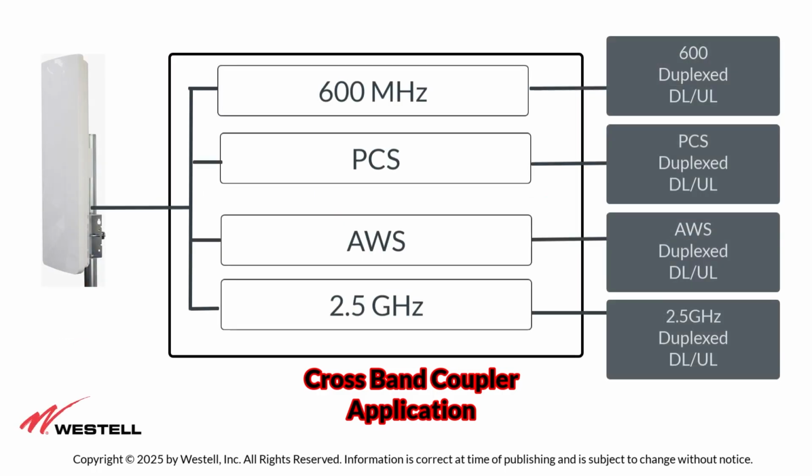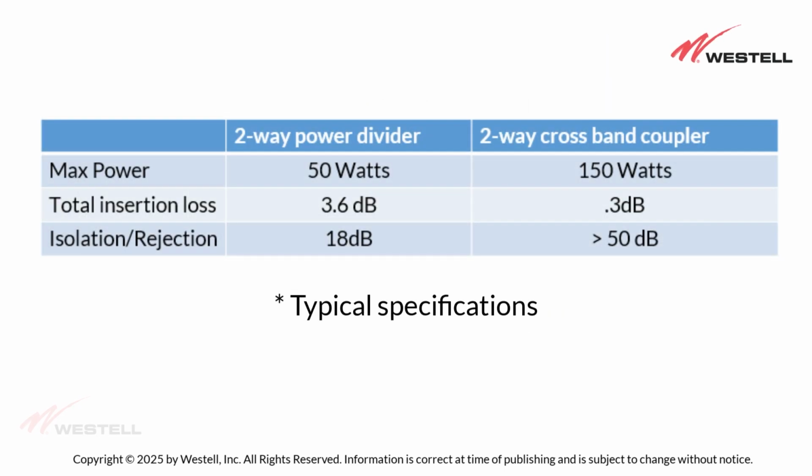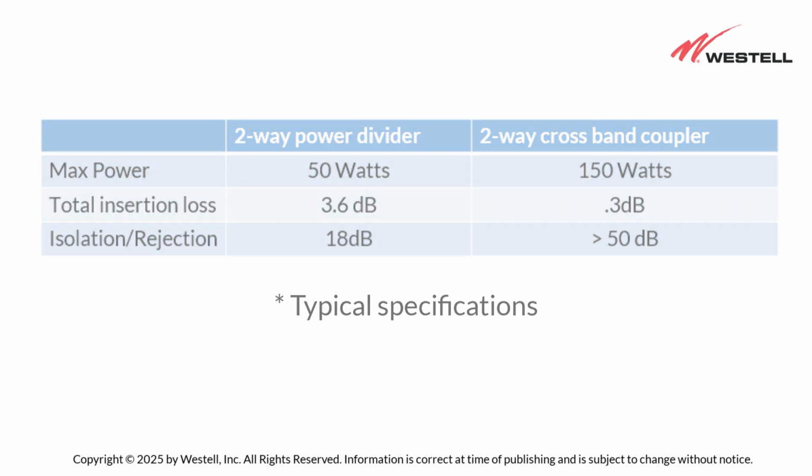Crossband couplers are particularly popular in the cellular industry, where multiple bands need to be combined to share a single coaxial cable, or where the output of an antenna must be split into separate bands for different base stations. The loss from duplexers and crossband couplers is typically less than that of power dividers because they just separate signals rather than splitting them.